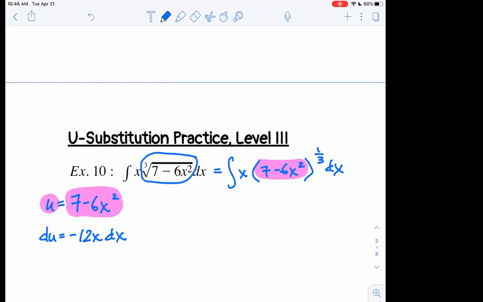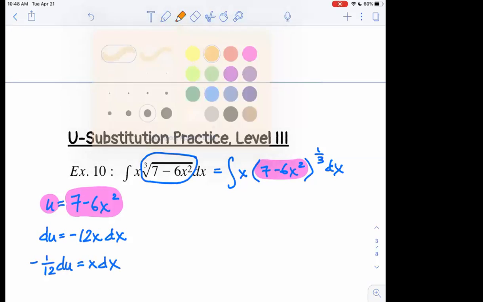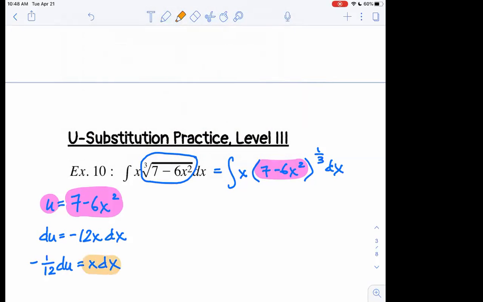Divide by that negative 12. So I've got negative 1/12 du equals x dx. Everywhere I see an x dx, which is okay that it's split, one in the front, one in the back, I can substitute in negative 1/12 du.